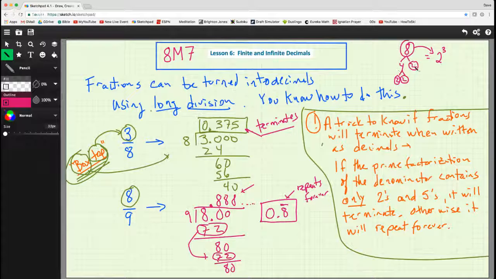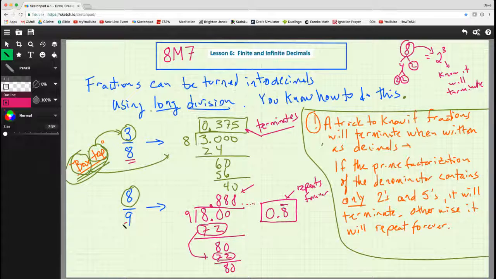If it also had 5's, that would be okay. And so we know it will terminate. And we'll get into why in a little bit. So we look at the denominator. It has only twos and fives, so it will terminate.